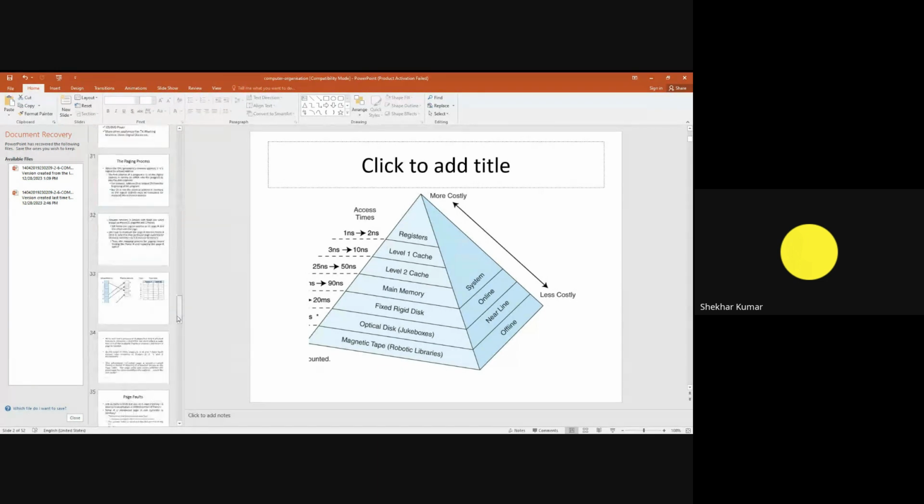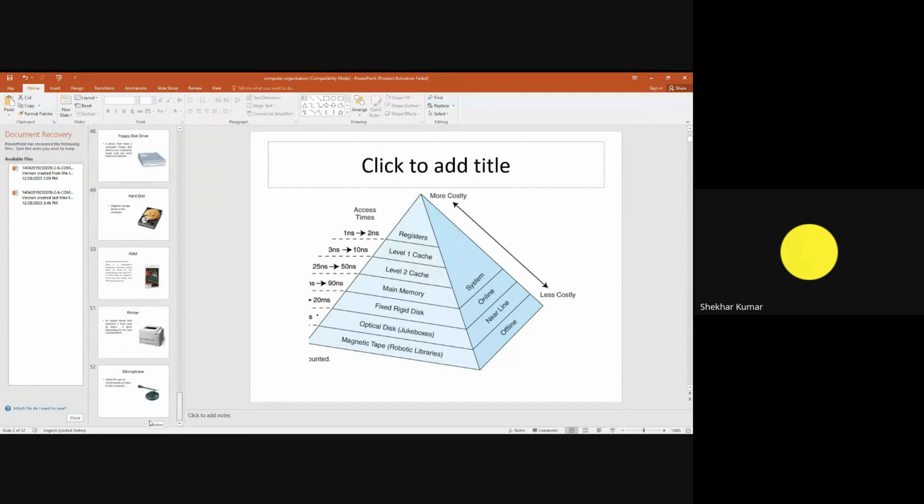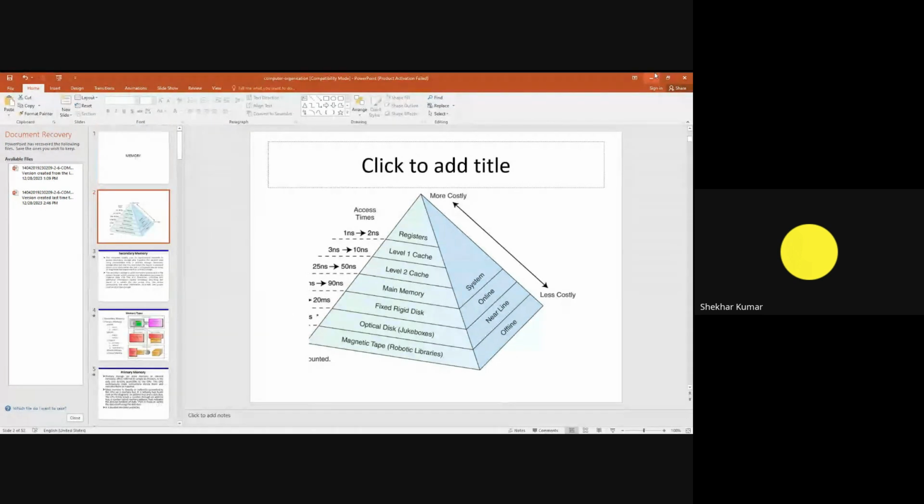Software is simply a set of programs to execute a particular task and to run a system properly.